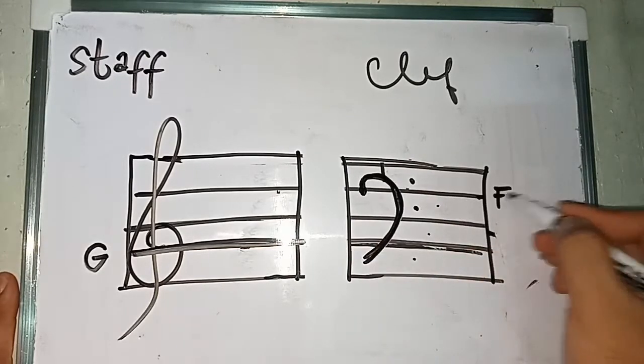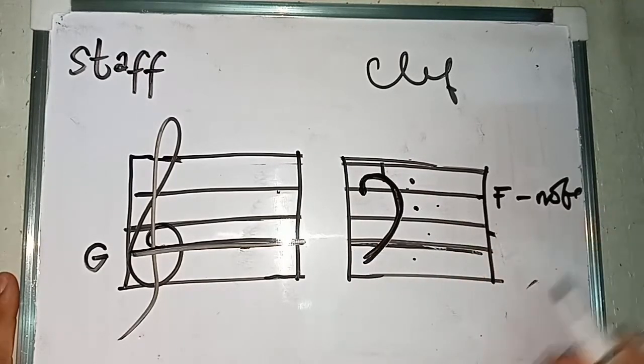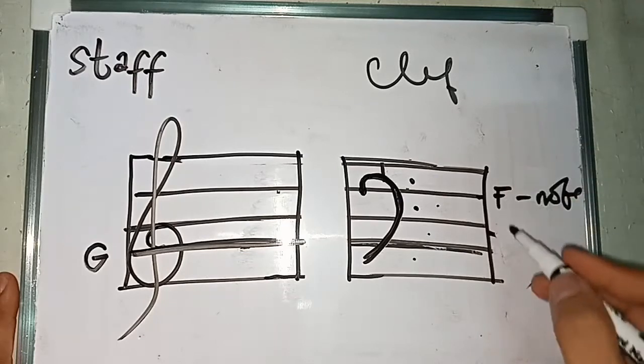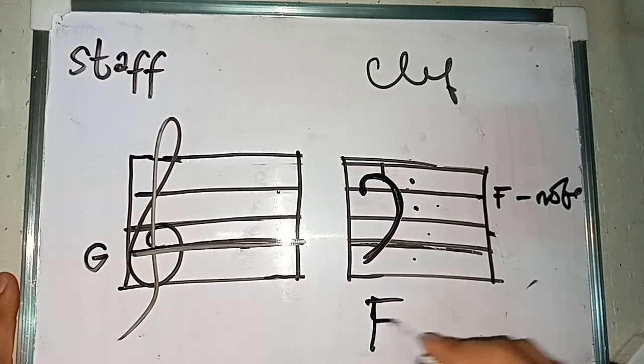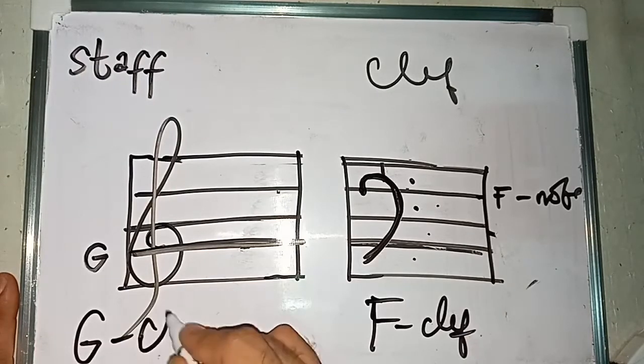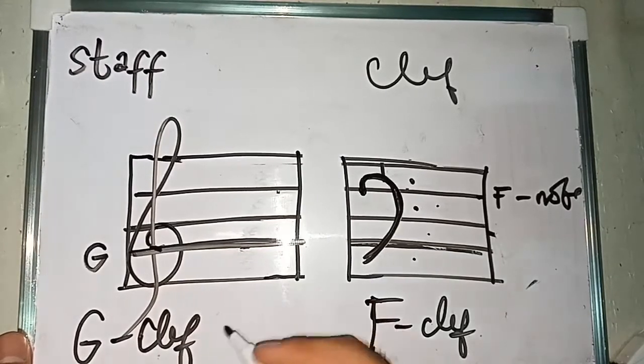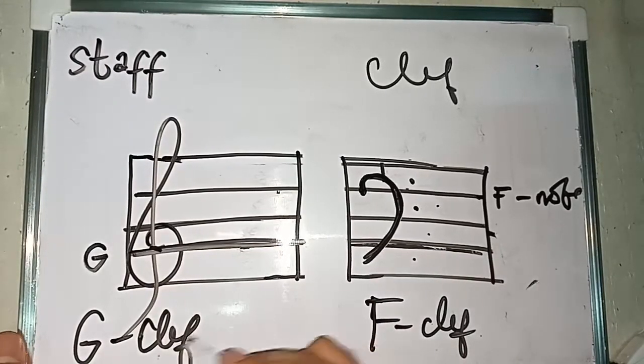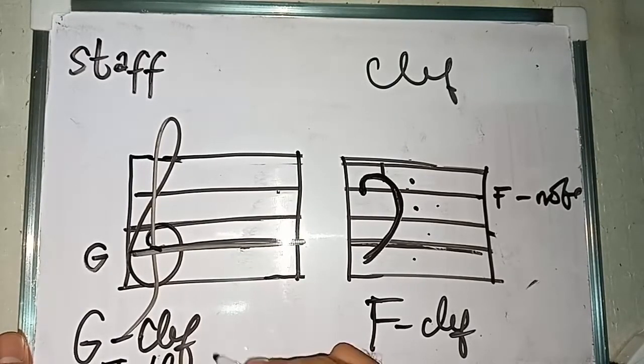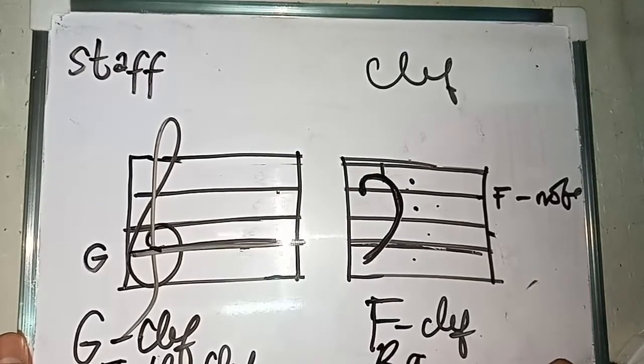This is the F note. That is why this is called the F clef. And this is what we call the G clef, also popularly known as the treble clef. And we have here the F clef, or bass clef.